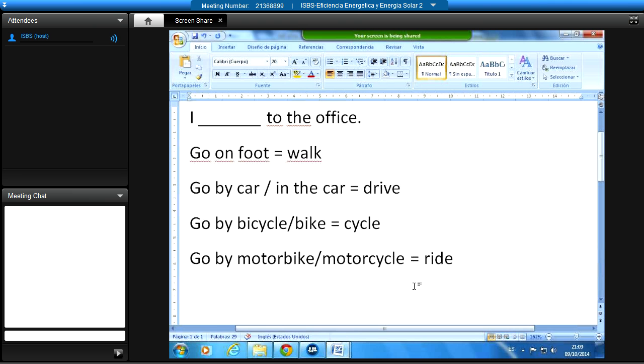Okay, so, and also go by plane is to fly. To fly. For example, imagine that some people who live in some of the islands in the Canary Islands, like Fuerteventura, have to fly to the doctor.